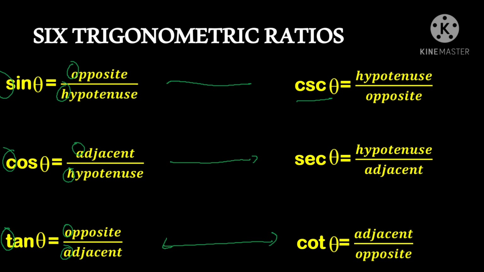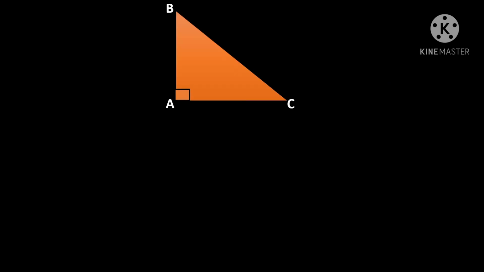Now, apply natin sa right triangle. First, identify natin kung asan ang ating hypotenuse. So, reference angle natin first is yung letter B. Ibig sabihin, magpapalit yung angle natin. So, identify natin yung 6 trigonometric ratios.